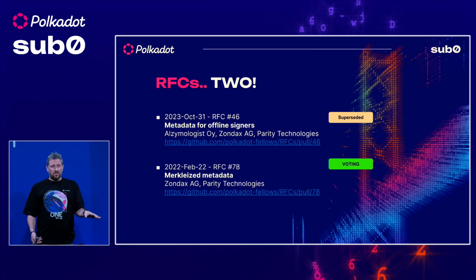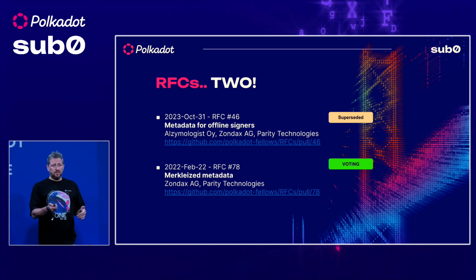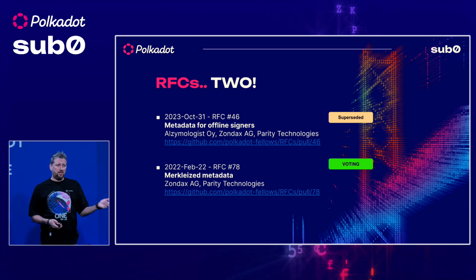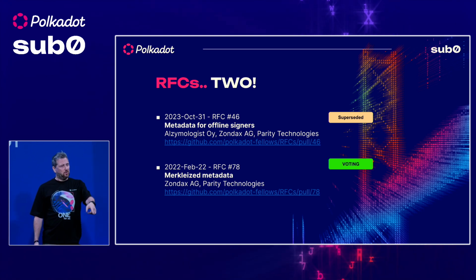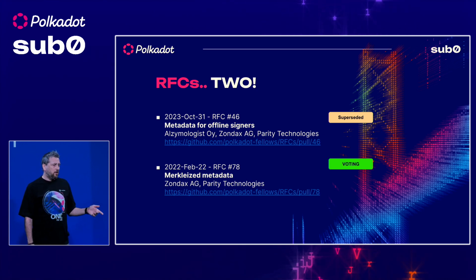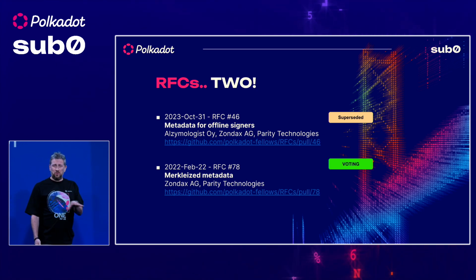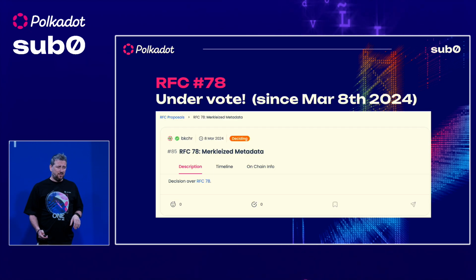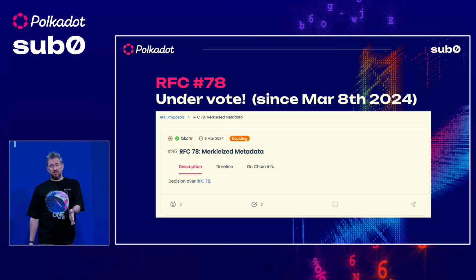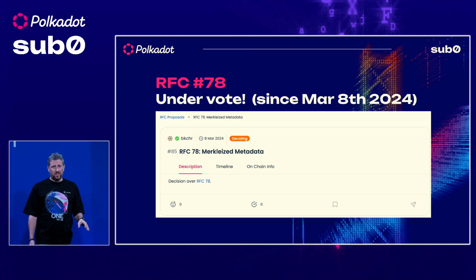After some reviews and discussion, that RFC was superseded by a new RFC, from 2024, this year. RFC 78 is the new RFC that we collaborated with Parity on building, and it is now under vote. The vote started on March 8th.